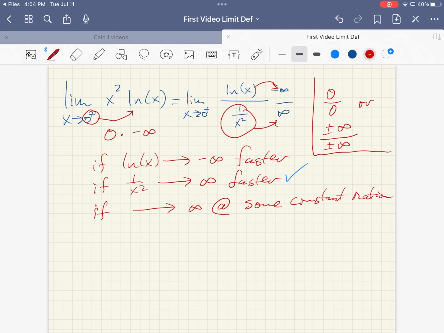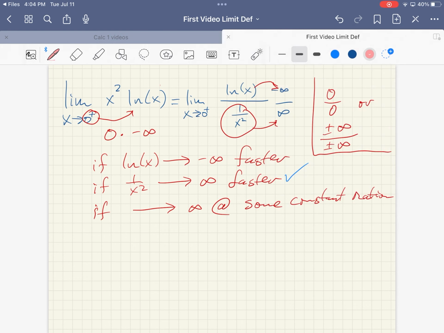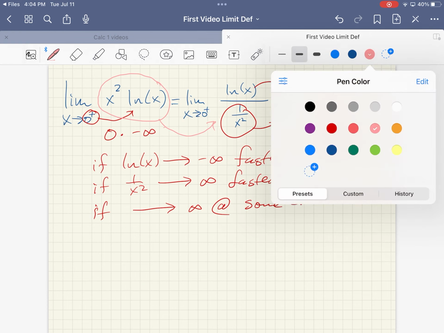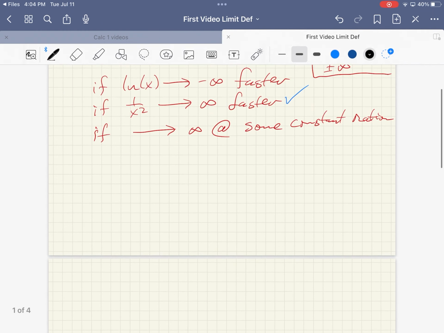Okay, so again, what we did was we manipulated this function here to turn it into something that would be an indeterminate form that we could use. In this case, it's infinity over infinity. Okay, so let's apply L'Hopital's.